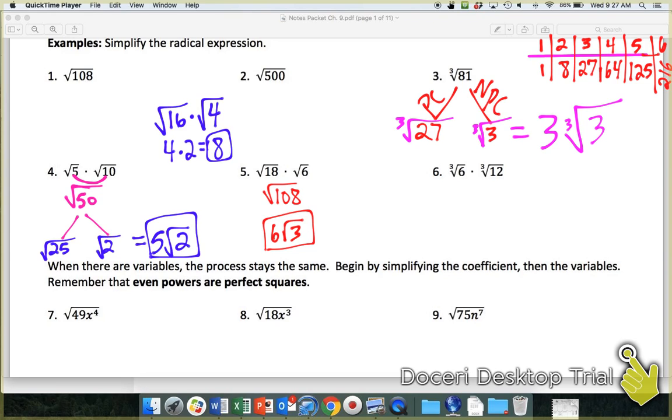Okay, so 6, you would do the same thing you did on 4 and 5. So multiply them. So 6 times 12, anybody got that? 72, right? Then you got to figure out what number goes into 72 from your cube root. 8, right? 8 times 9.